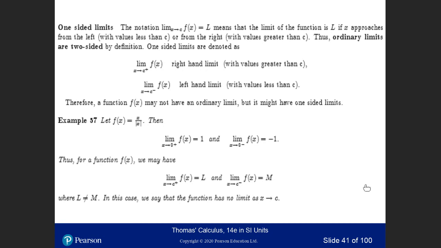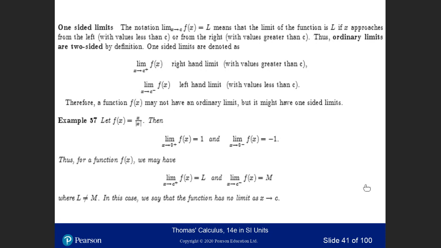Our function f(x) is x divided by the absolute value of x. So if you approach 0 from the right-hand side, the limit is 1. And if you approach from the left-hand side, the limit is minus 1.